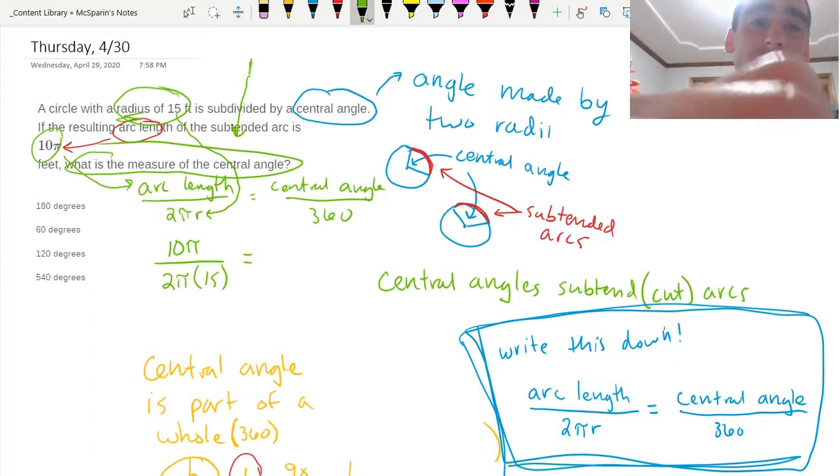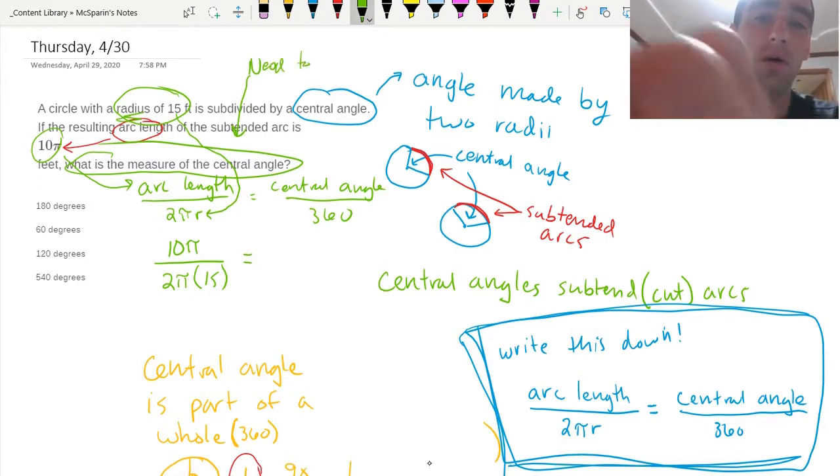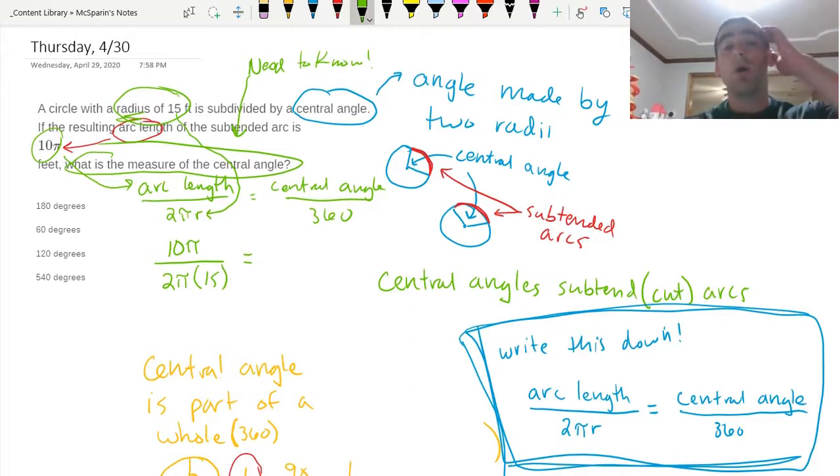So that's my need to know. I could leave it as the words central angle, but I'm going to replace it with an x because that's going to make the algebra a little bit easier on me.